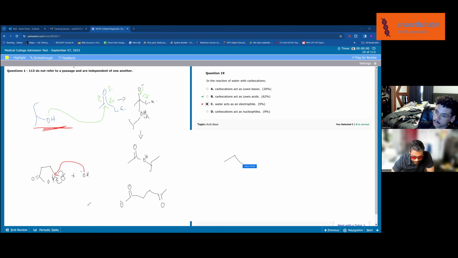So let's say we had some alcohol like this, and let's say we add water. What should happen? Would a hydronium ion be formed here? That can happen.